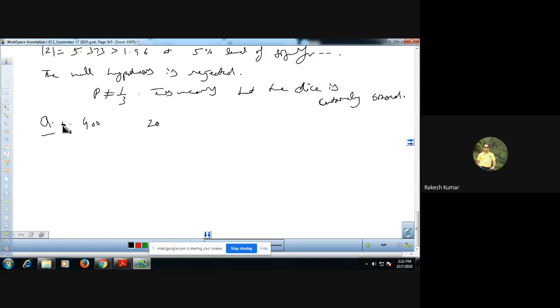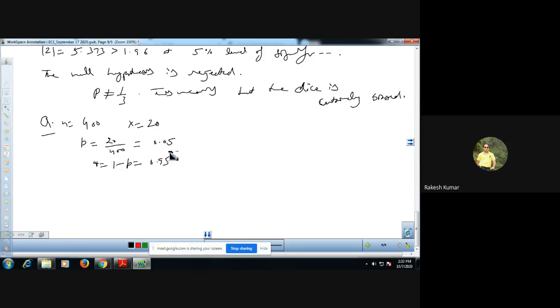So n is 400, x is 20. Out of 400, 20 are defective. So we can calculate the probability of a defective item: 20 out of 400, that is 0.05. And you can calculate Q also, that is 1 minus P, that is 0.95.